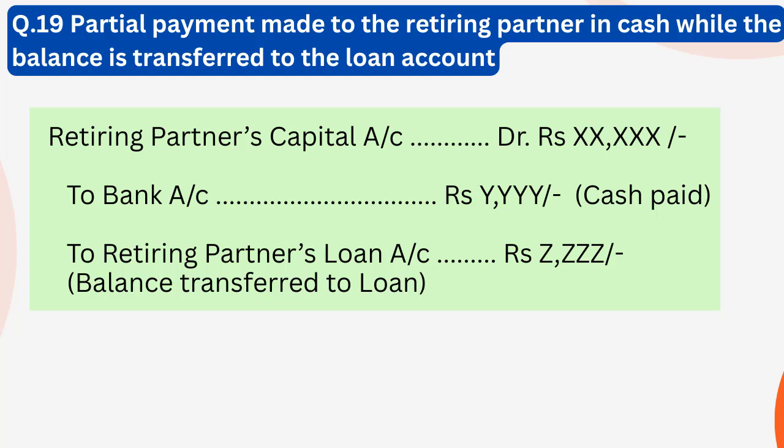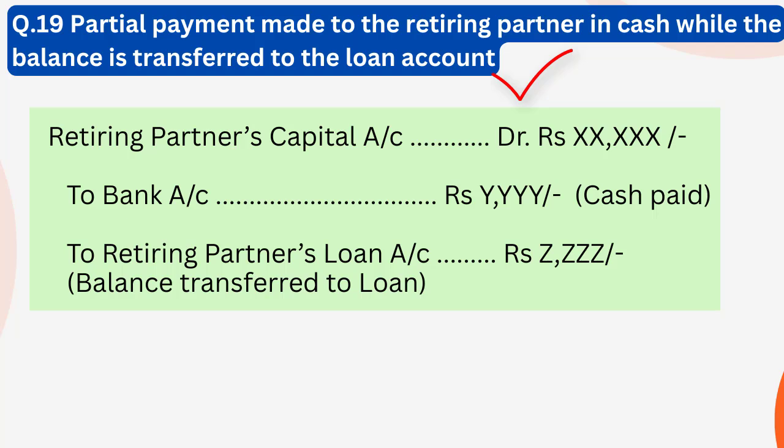Our question number 19 is, let's suppose you make a partial payment to the retiring partner in cash, while the balance is transferred to the loan account. What would the journal entry be in this case? Okay, so in this case, we debit the capital account to remove the amount we owe to the retiring partner.